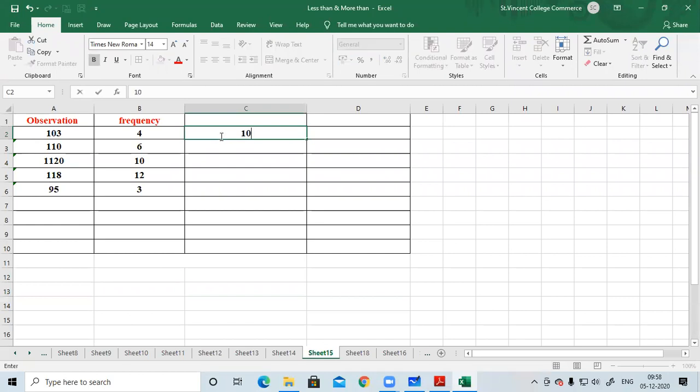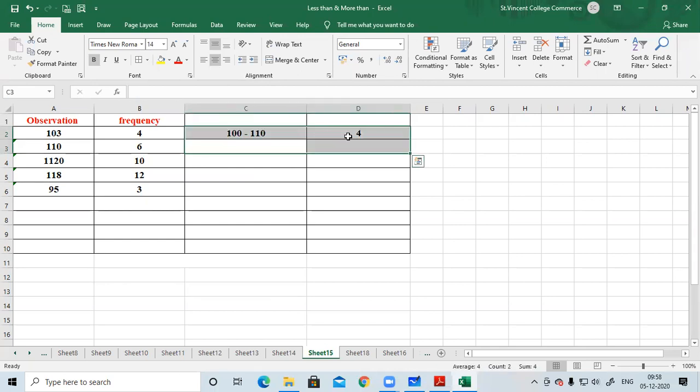Let's say 100 to 110, you get 4. The meaning of the second part which I wrote is 4 people have got between 100 and 110. So it could be 101, 103, 104, it could be anything. So it's randomized within a group. But here we know definitely 4 people have exactly 103.